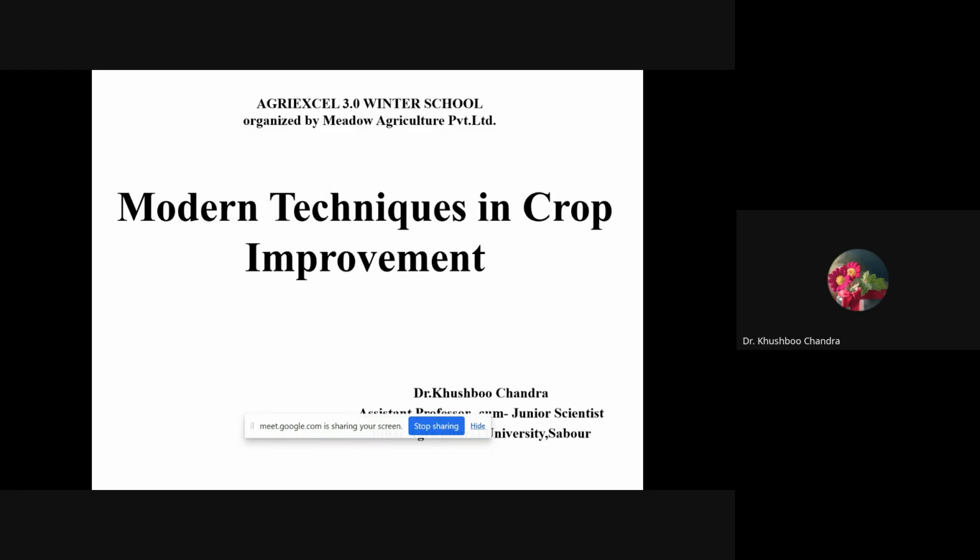The aim is to highlight how these approaches collectively contribute towards sustainability in agriculture as well as future food security.